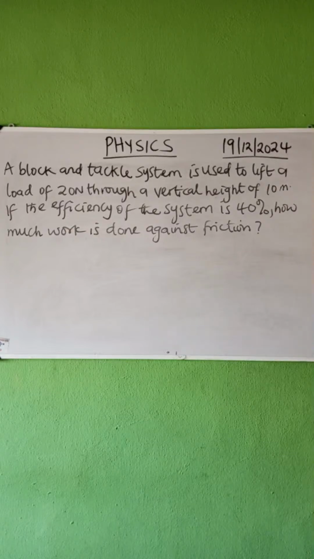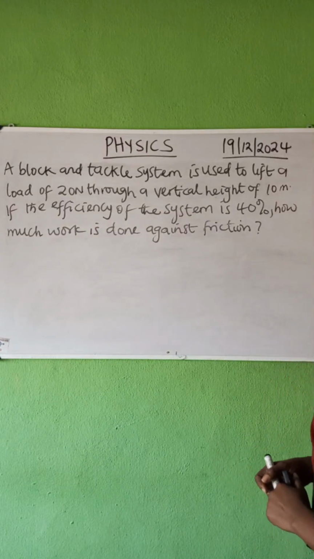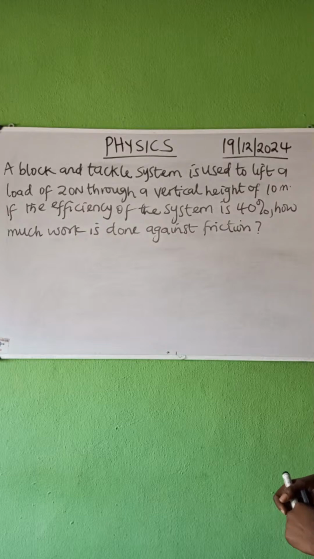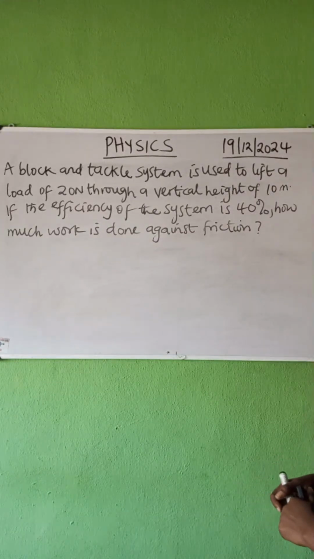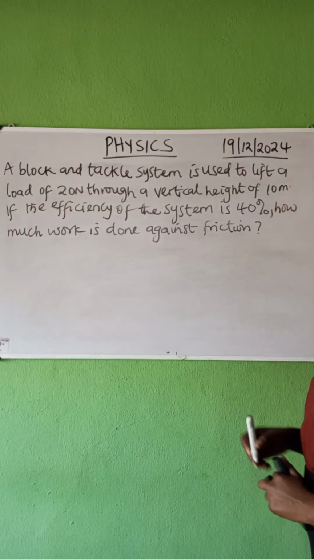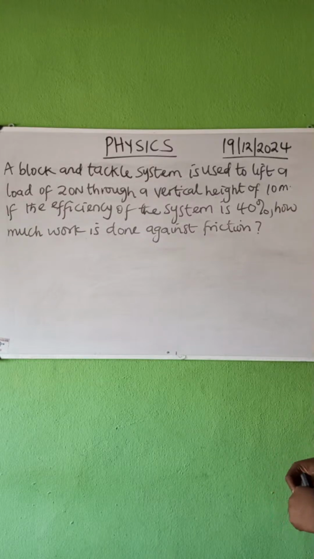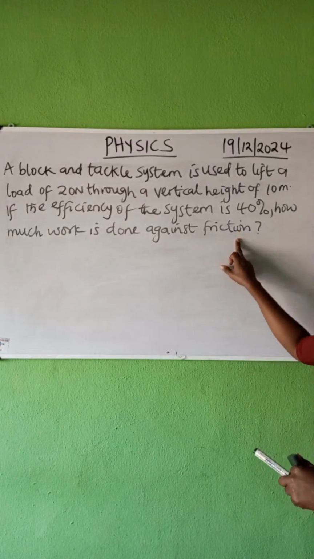All right, let's solve. A block and tackle system is used to lift a load of 200 Newton through a vertical height of 10 meters. If the efficiency of the system is 40%, how much work is done against friction? Now, in this type of question, we are looking for work done against friction.